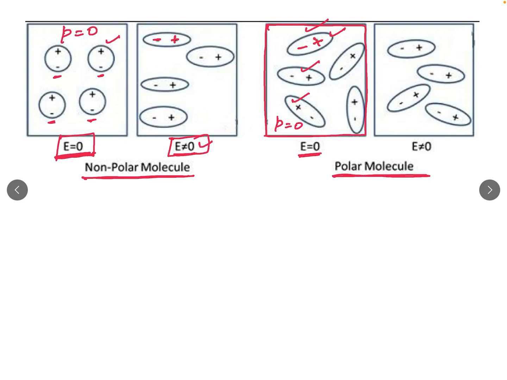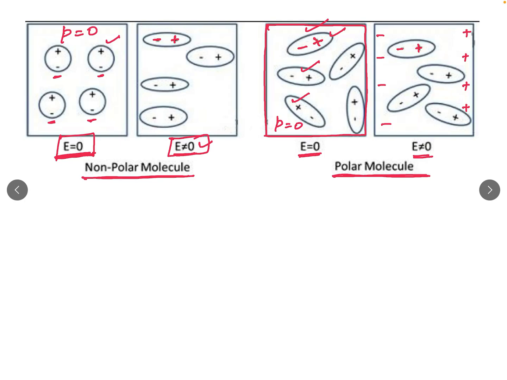But when electric field is applied, these molecules will align in a particular direction. Like here, all the negative charges are towards this side and all the positive charges are towards this side, so net dipole moment is produced, and this dipole moment further depends upon the temperature.